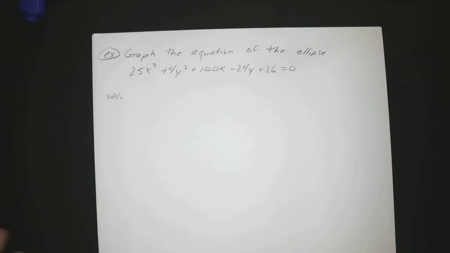So remember, here we have to put it in standard form in order to find our h and our k, our center, and our a and our b. For this one, the first step is to put all your x terms next to each other, the y terms next to each other, and take the constants to the other side.